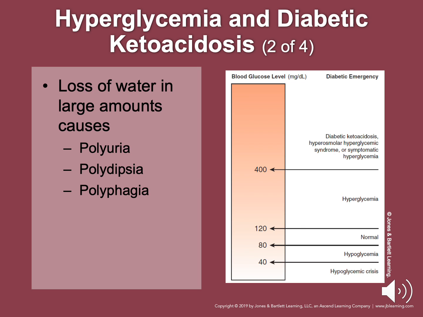So, the loss of water in large amounts causes the classic symptoms of uncontrolled diabetes, the 3 Ps. So polyuria, polydipsia, and polyphagia.